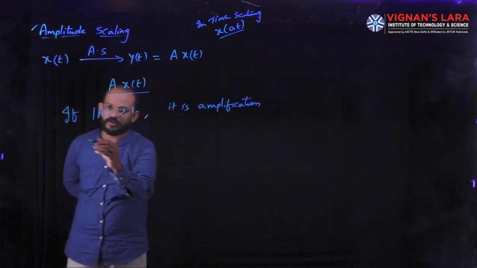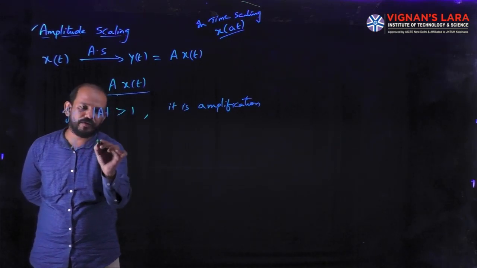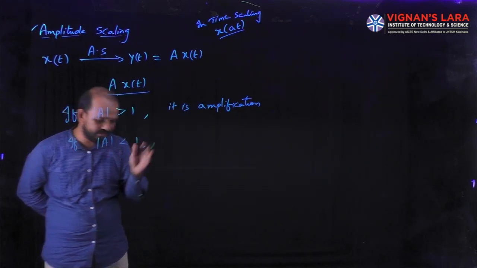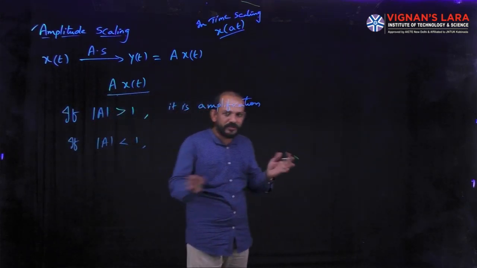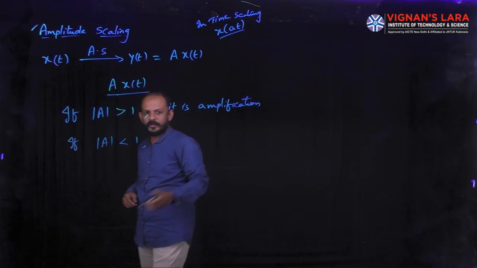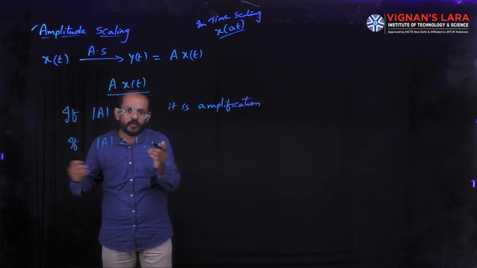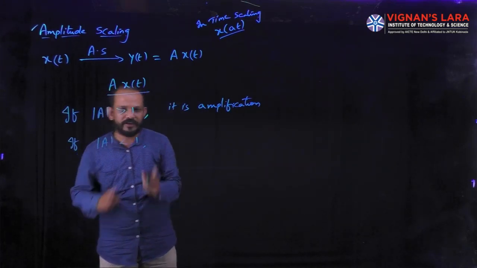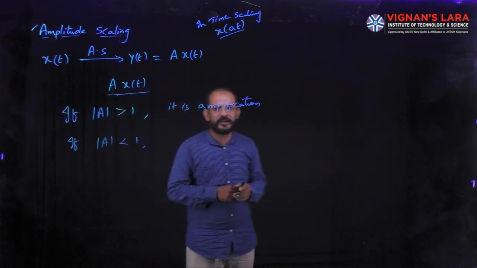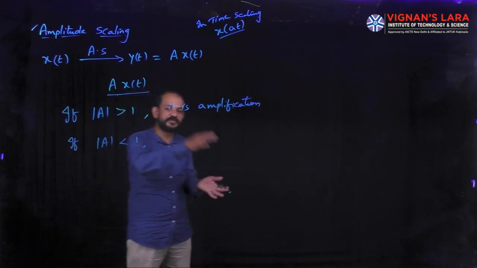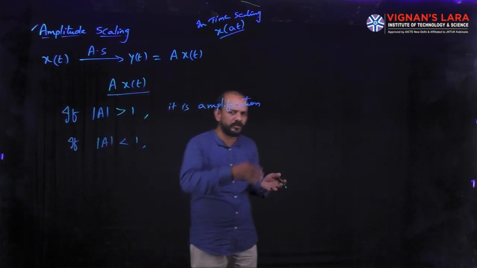Okay. Now, if mod A is less than 1, that is, the value is between 0 and 1, so you can take 0.5, 0.9, any value between 0 and 1, then the signal will be reduced along the y-axis, both in positive and negative direction.